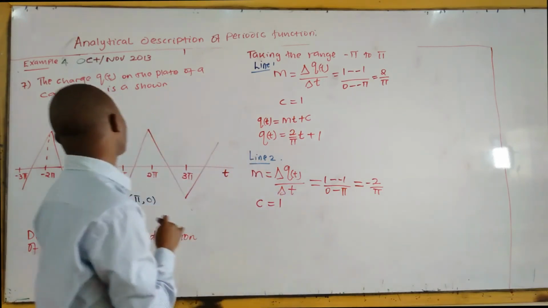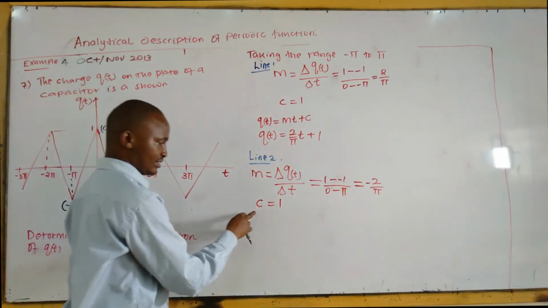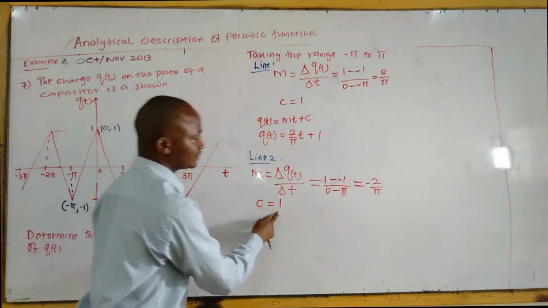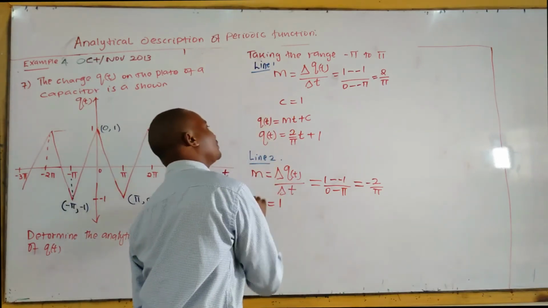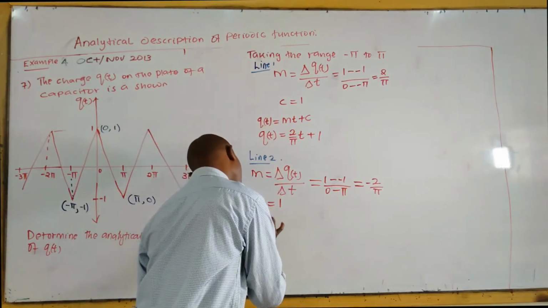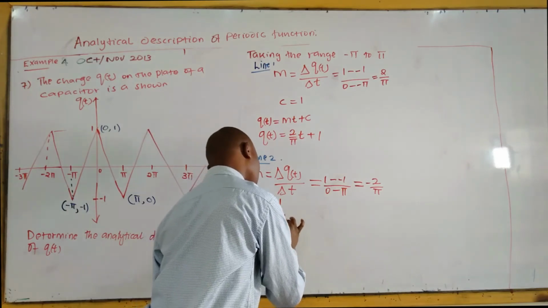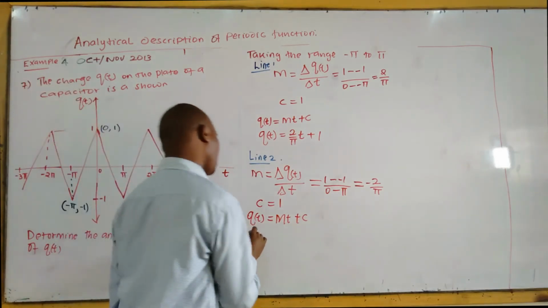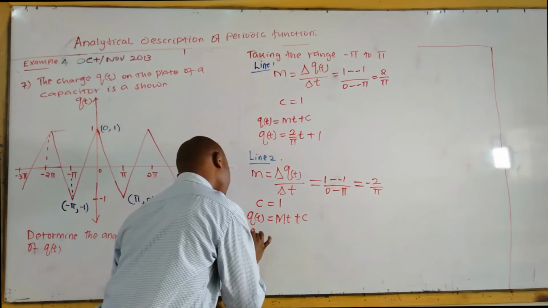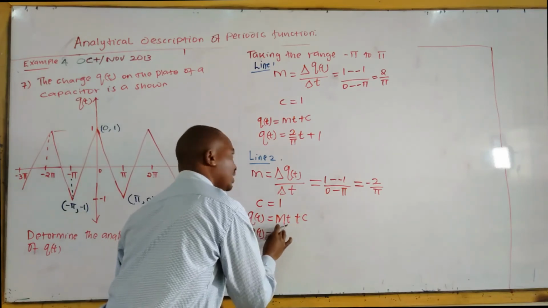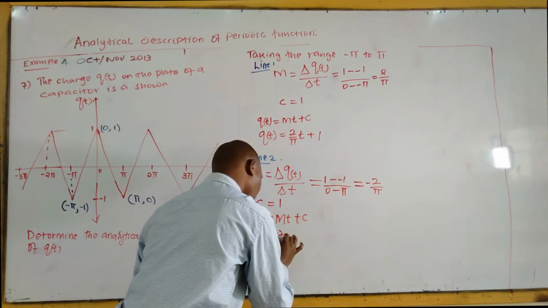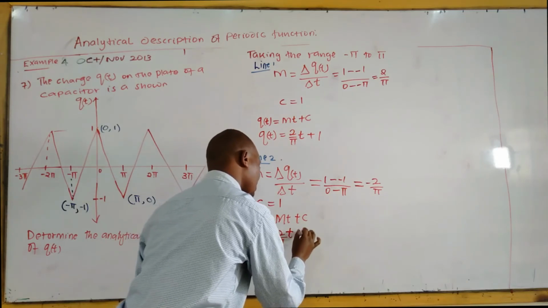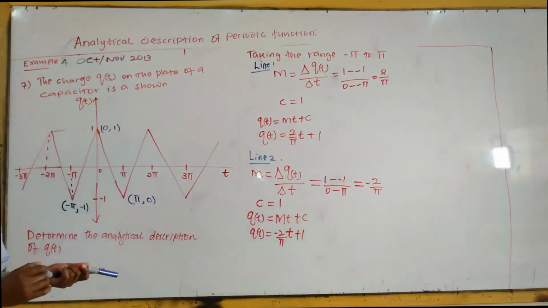So the intercept on Q of t is at 1. The equation of the curve is Q of t is equal to mt plus c, which is Q of t is equal to negative 2 over pi t plus 1. That is the equation of the curve.